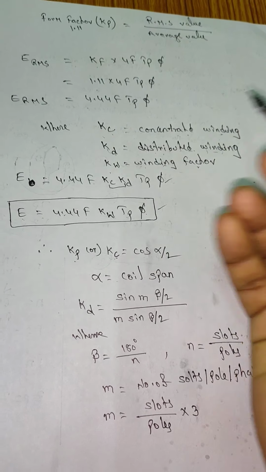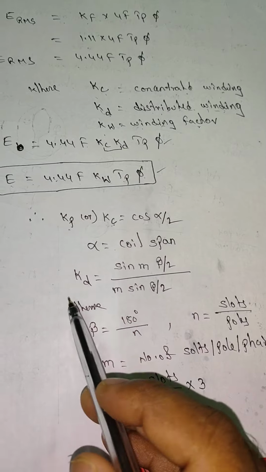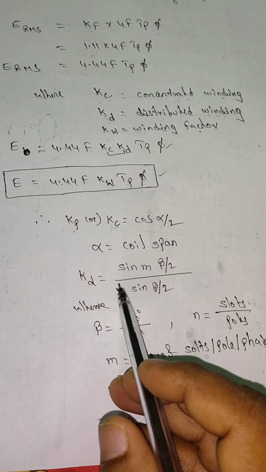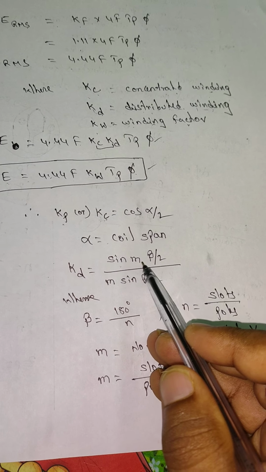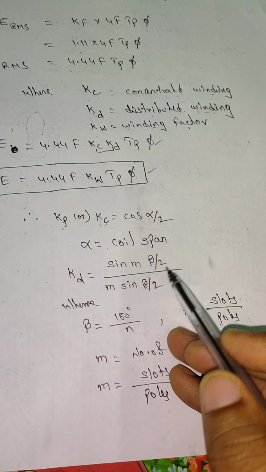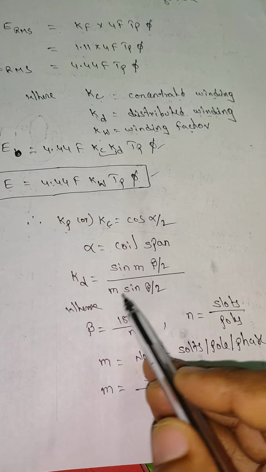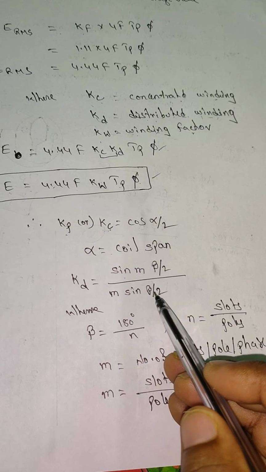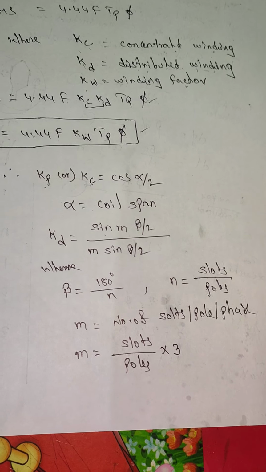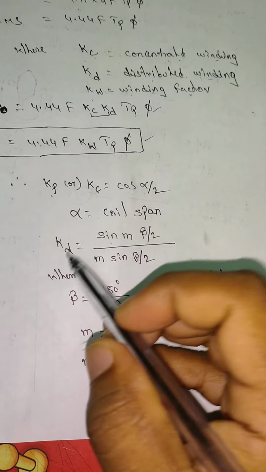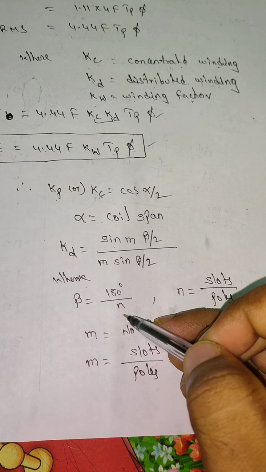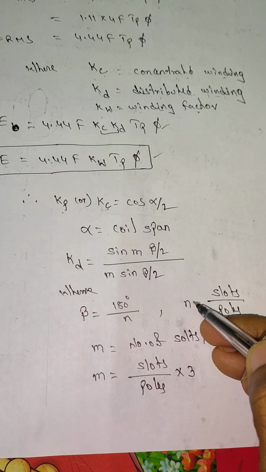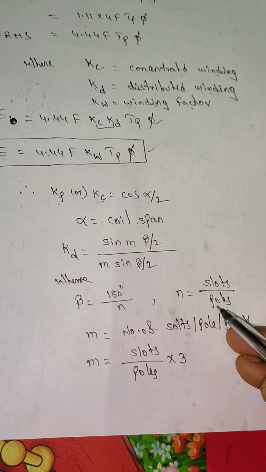Now the next one is Kd, the distributed winding. For finding the distributed winding factor we have the formula, that is sine m beta by 2 divided by m sine beta by 2. Now where beta is equal to 180 by n, where n is equal to slots by poles.